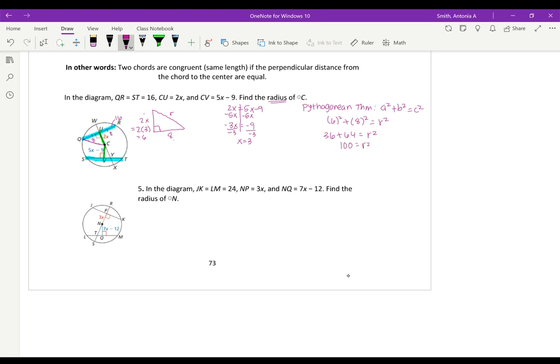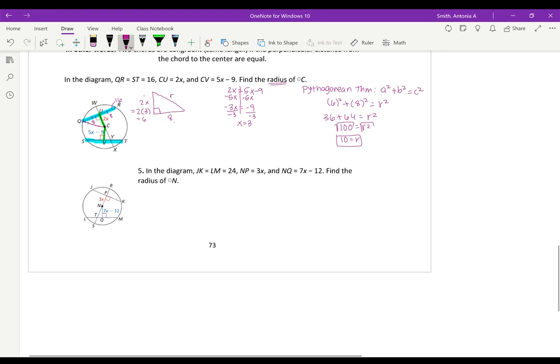Now to get r by itself, I need to square root both sides, and the radius is 10. So even though this was a super crazy picture, we didn't have to do that crazy of work. We needed to figure out what x was, and then we could use that to find our radius.